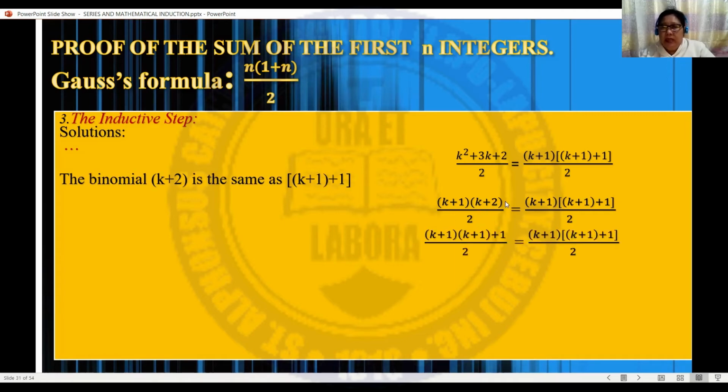Wherein k plus 2 is equal now to k plus 1 plus 1, in which it is now similar to this portion here at the right side. So you can enclose this in a bracket. So what we have, the left side of the equation is equivalent to the right side of the equation, and the third step now is true.